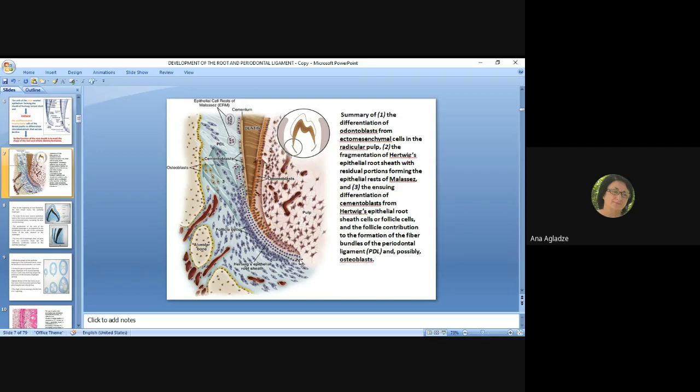As the tooth erupts, there is little evidence of any significant bone deposition at the base of the sockets, but resorption is often prominent at this site.